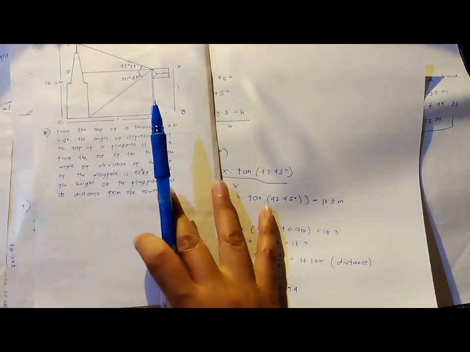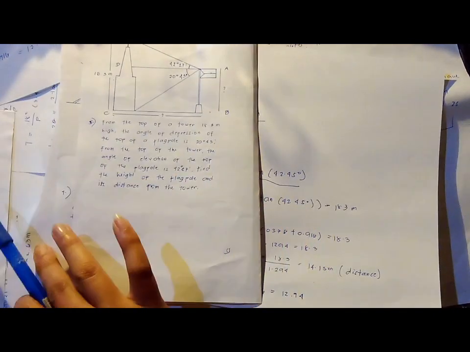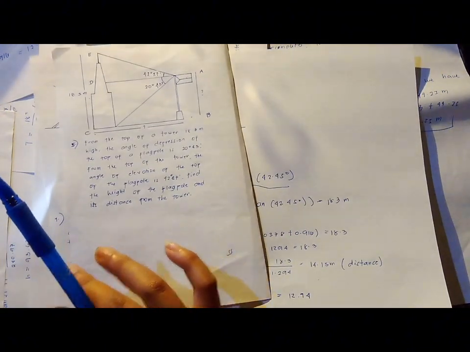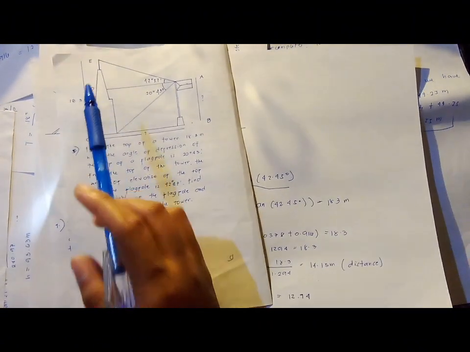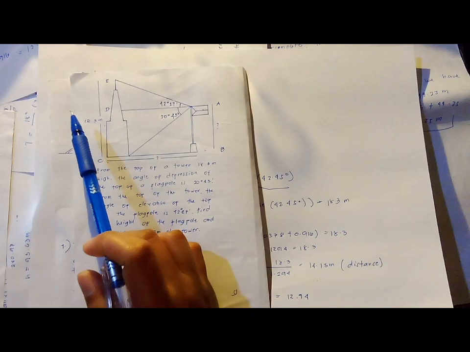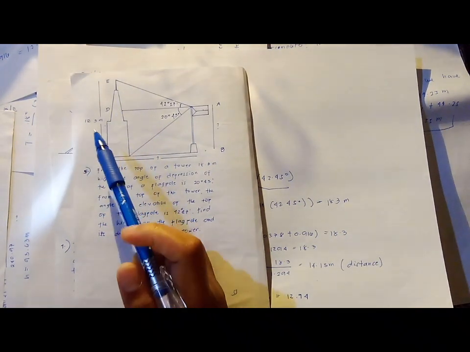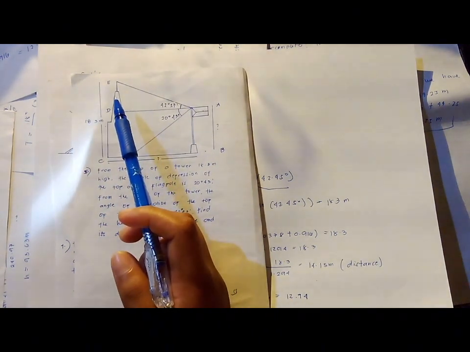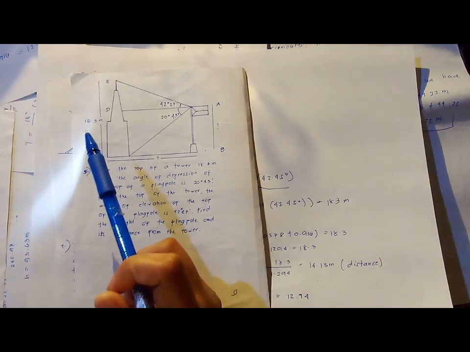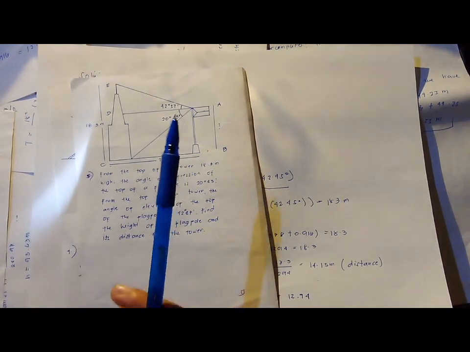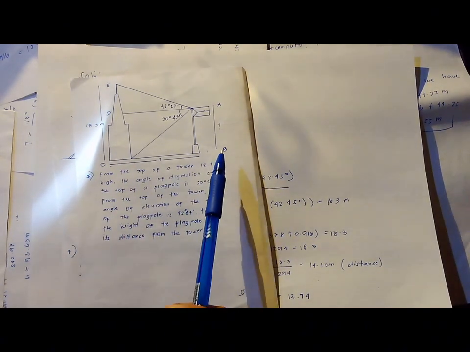In our illustration, point A is the top of the tower, while point C is the bottom of the tower. Then the top of the flagpole, and point B is the base of the flagpole.